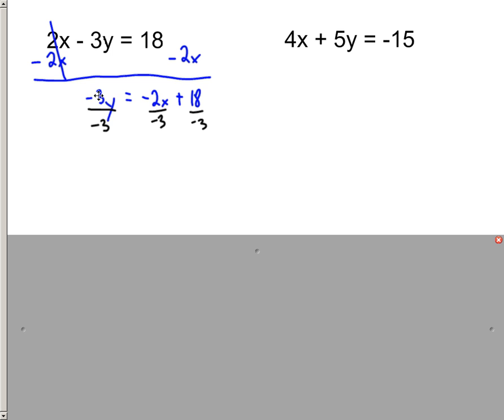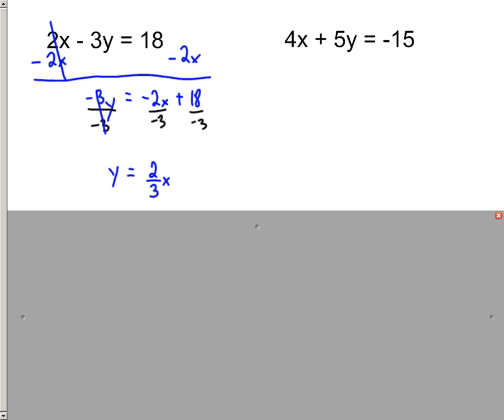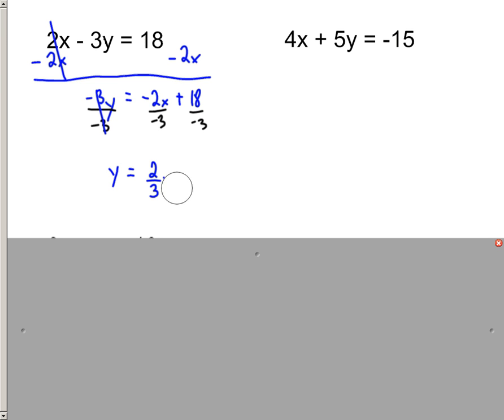So negative 3 divided by negative 3 is 1. Negative 2 divided by negative 3 is not going to make a nice integer, so we're just going to leave it as a fraction. Even though the x is right beside the 2, I could just write it right there. It's the same thing as having the x sitting on the same level as the 2, the numerator.